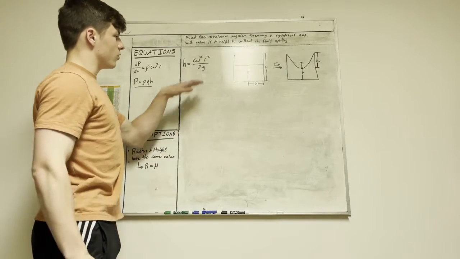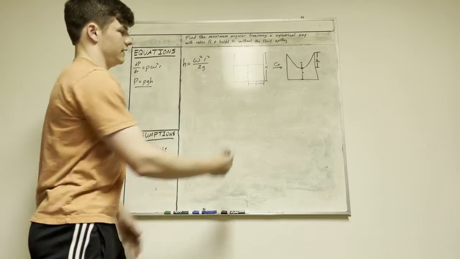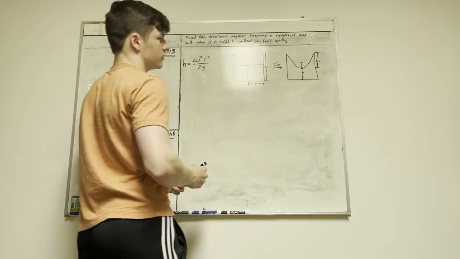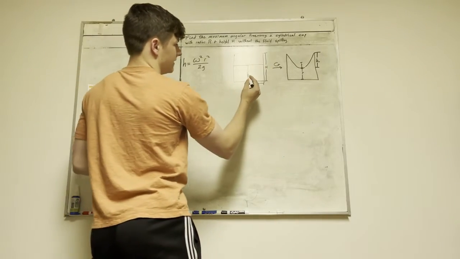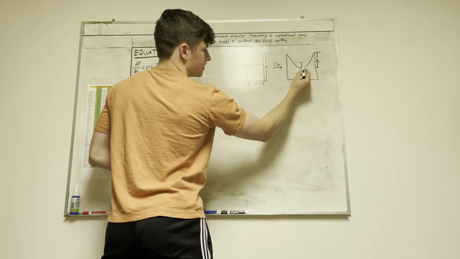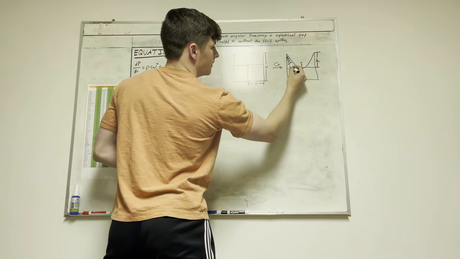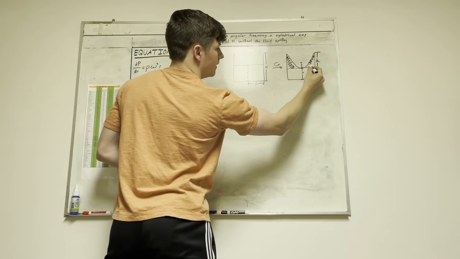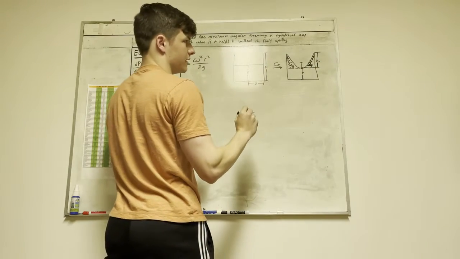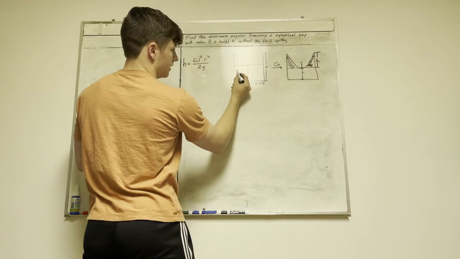Now that we have this equation that solves for height in this same situation, we're going to see that there is still this dip in the volume of this fluid after the angular frequency is brought in.